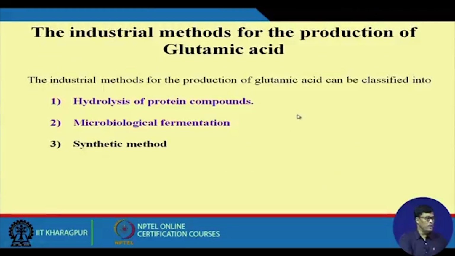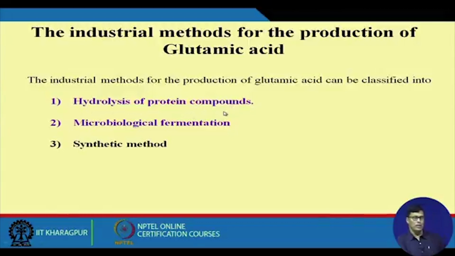Now, for the industrial method for the glutamic acid, both the biochemical as well as chemical methods are available. Since this course deals with industrial biotechnology, I shall try to concentrate on the biochemical processes. The industrial method for the glutamic acid can be classified as hydrolysis of protein compounds.